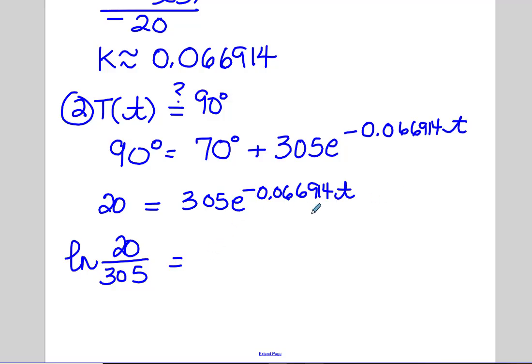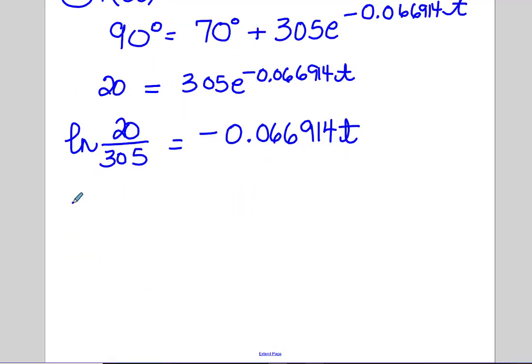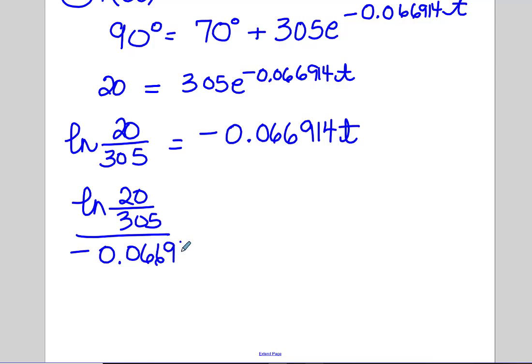If we take the natural log of this, we'll get the negative 0.066914 t. And then we can do natural log of 20 over 305 divided by negative 0.066914. And that's going to give us the t value.